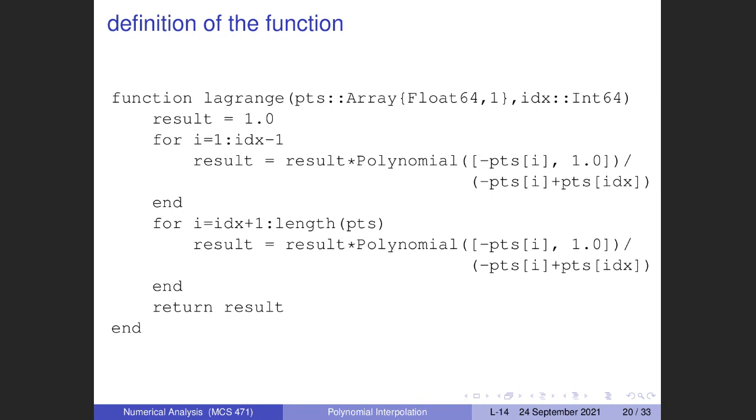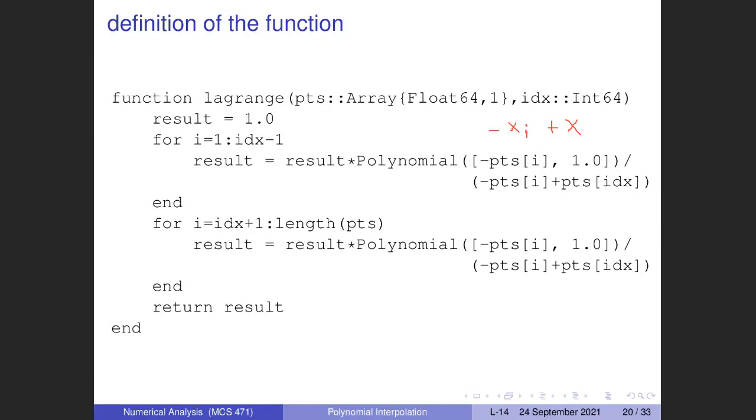So this is here the minus xi. So that is the first coefficient plus x. So remember, we define polynomials as their coefficient vector written backwards. So we write the polynomials here with their coefficient vector.